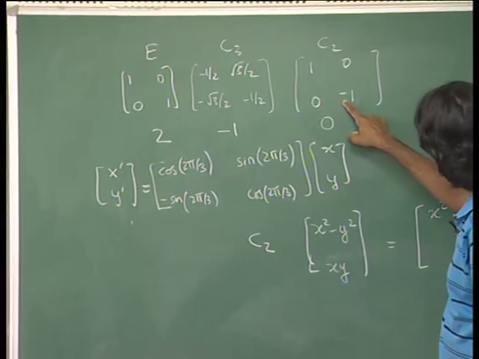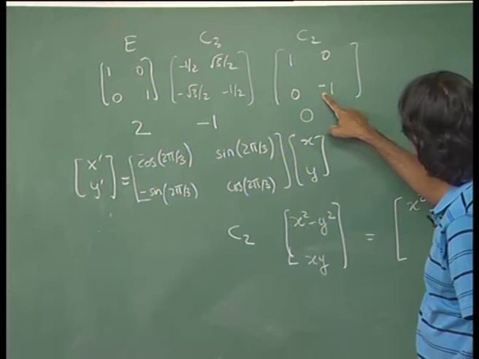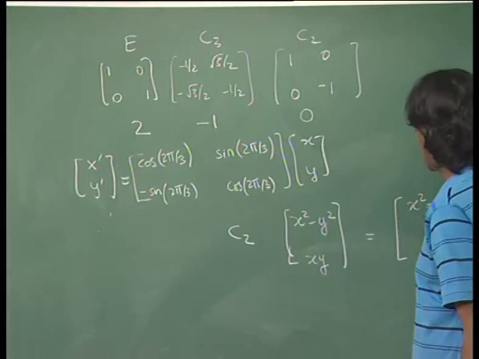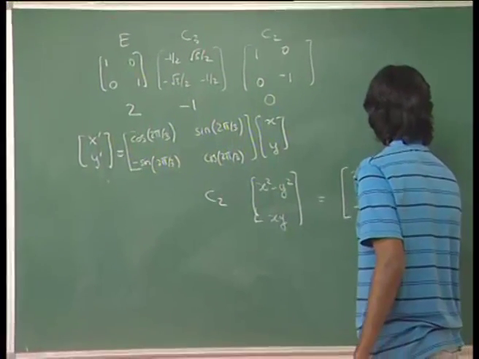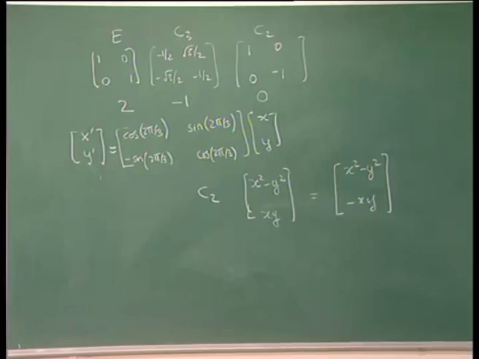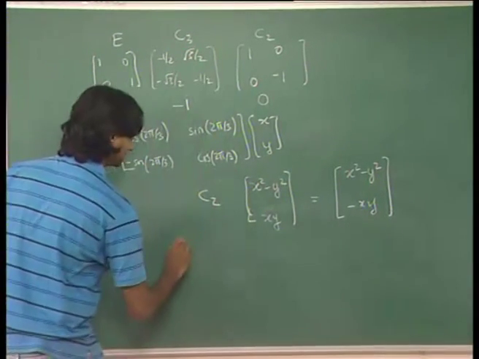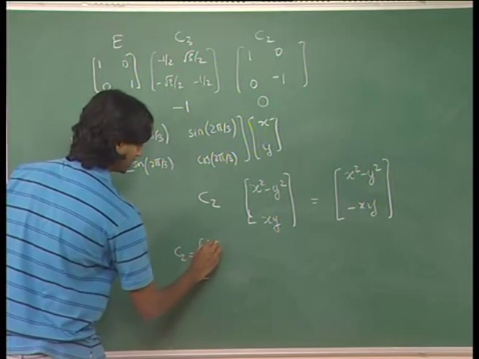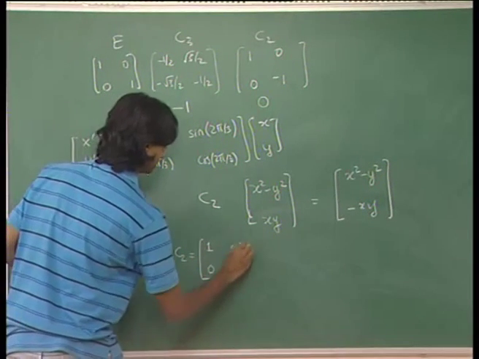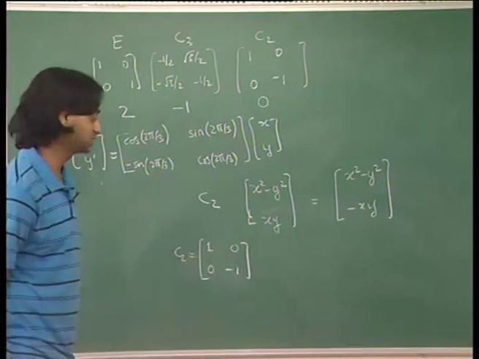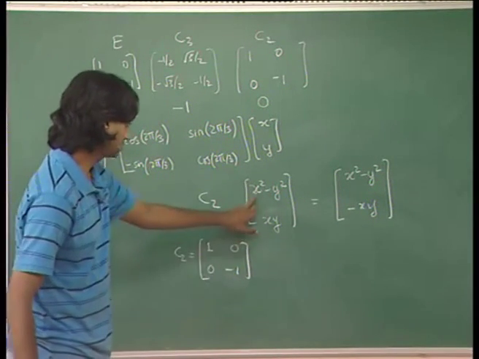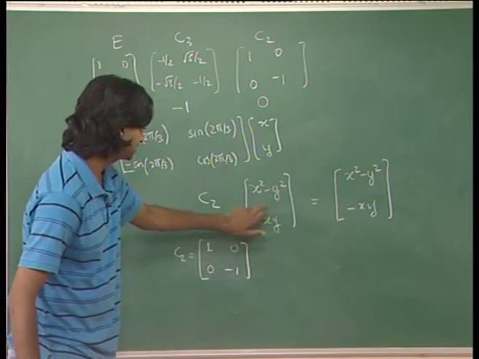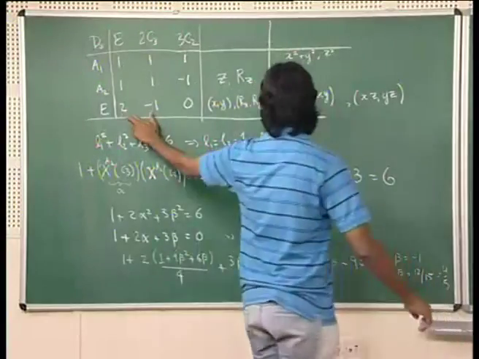C2 will change the sign of y to minus y. So, x square minus y square will remain x square minus y square, and x y will become minus x y. So, then you can write C2 is equal to 1 0 0 minus 1. So, 1 0 0 minus 1. So, this vector transforms like E.